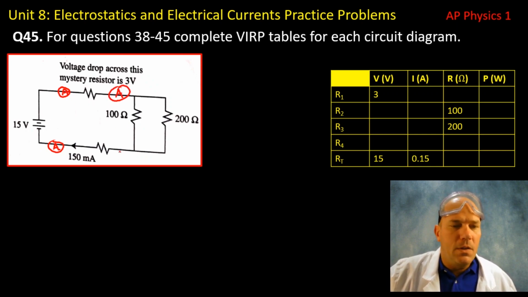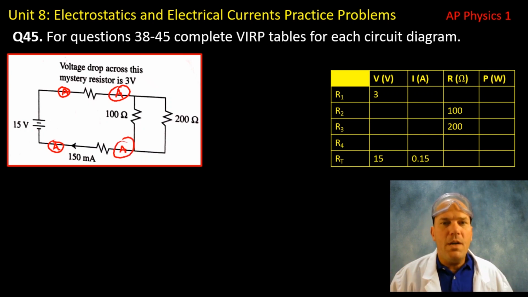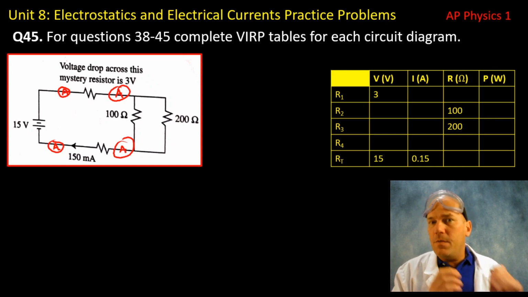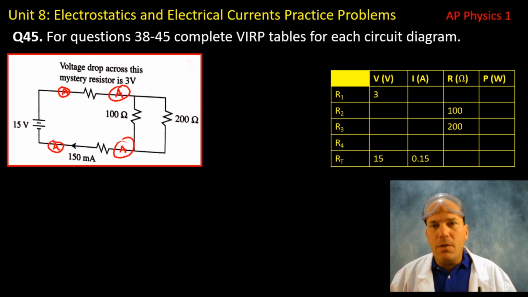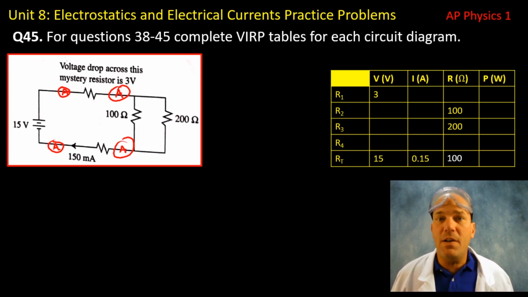So 150 milliamps is the total current for the circuit. We can also put that in our VERP table as 0.15 amps.